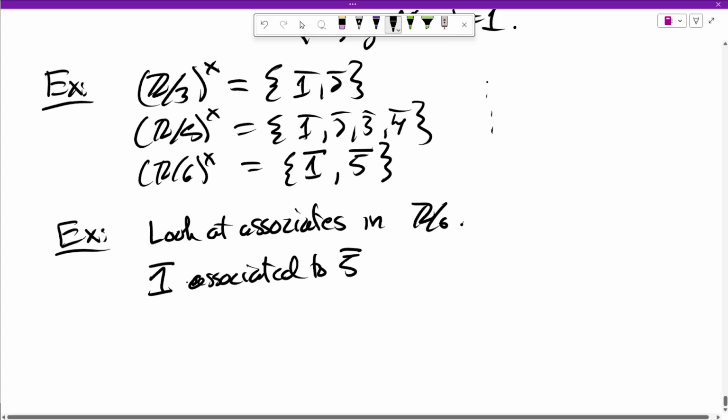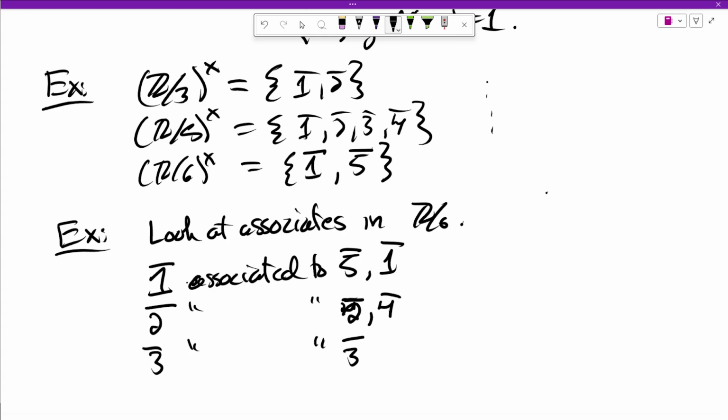Why are they associated? Because if I multiply 1 by the unit 5, we get 5. 2 is associated to 2 and 2 times 5. 2 times 5 is 10, but mod 6 that is 4. So it's associated to itself, of course, and 4. And then 3 is associated to itself, and then whatever 5 times 3 is mod 6, which is again just 3.